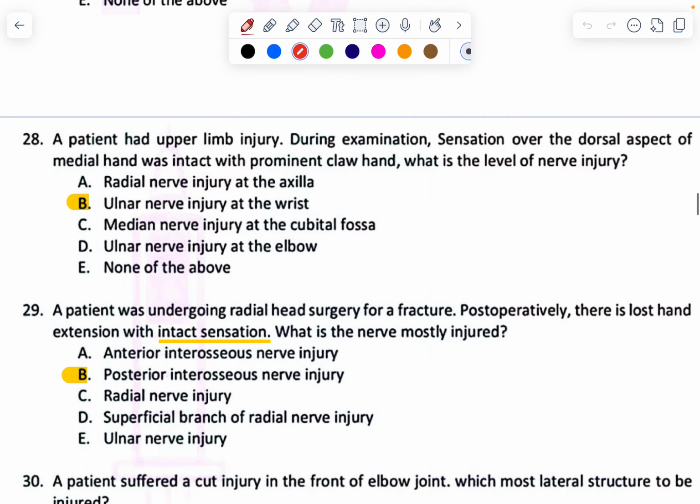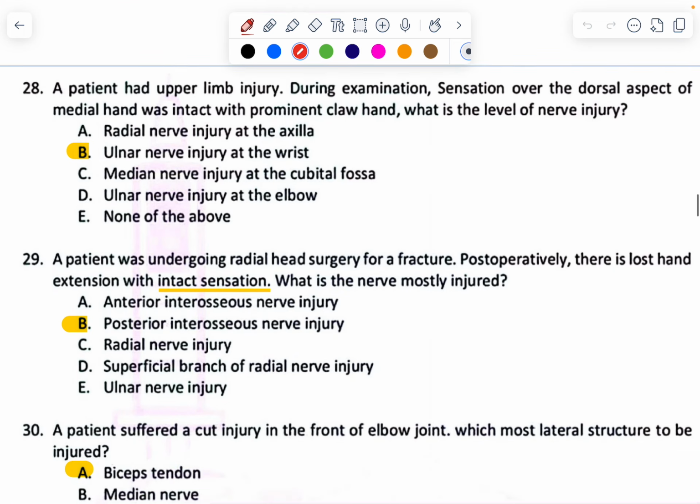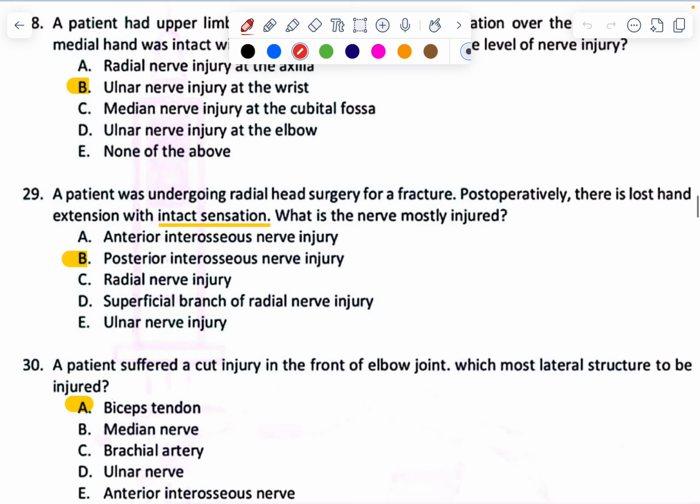A patient suffered a cut in front of the elbow. Which is the most lateral structure to be injured? In front of the elbow joint, from medial: flexor tendons, then lateral, the biceps tendon and radial nerve.